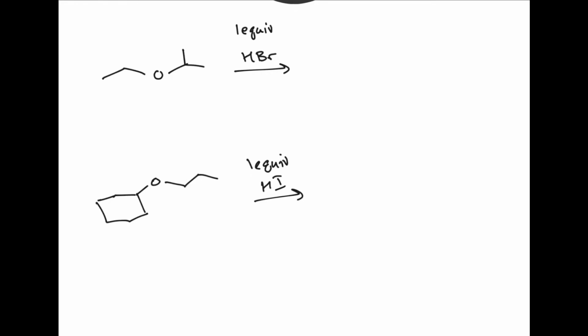Right, so you're going to look at your molecule and say, okay, this is primary, this is secondary. I'm going to add to the primary side of my ether, so I'm going to make this halide and that alcohol. Same thing here.